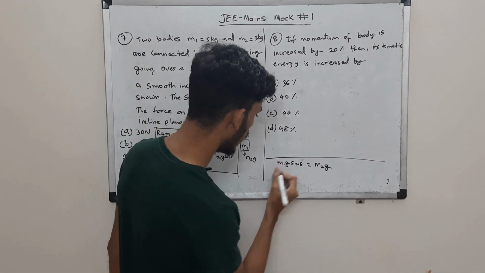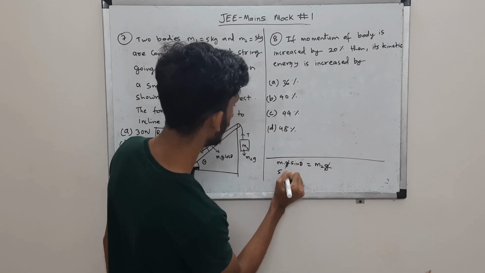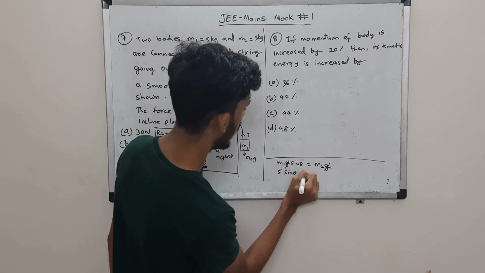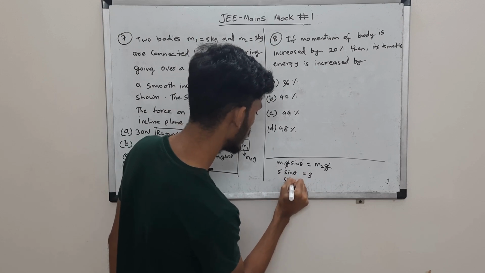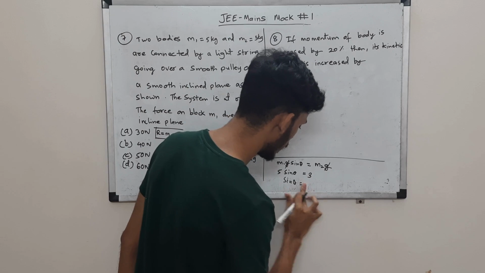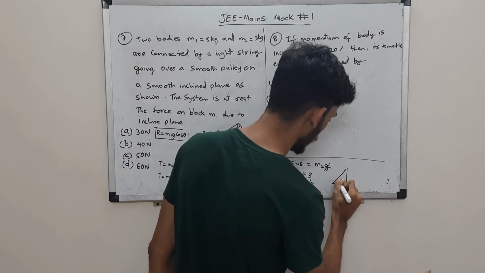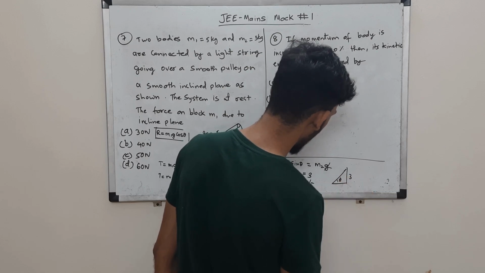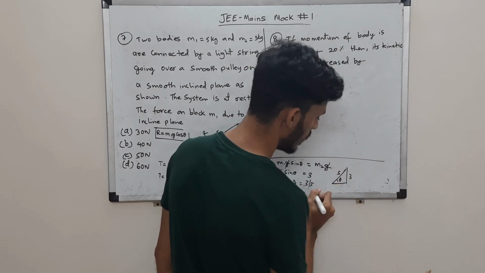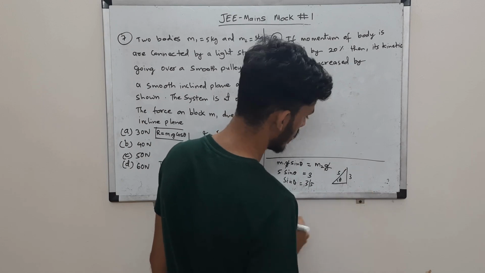So m1 has value 5, g you can cancel, and m2 is 3, so sine theta is 3 by 5. If you can remember, this is the famous 37-degree triangle. If we have theta over here, this is 3, and sine theta will be 3 by 5, right? So 3 is the opposite and 5 is the hypotenuse.